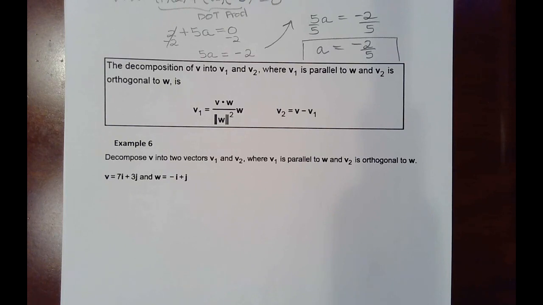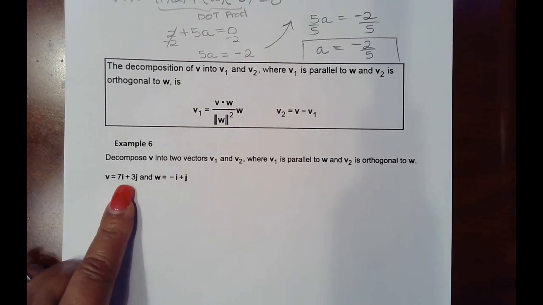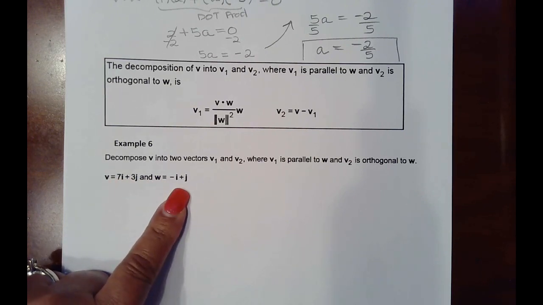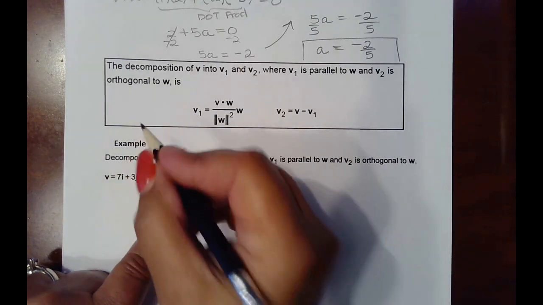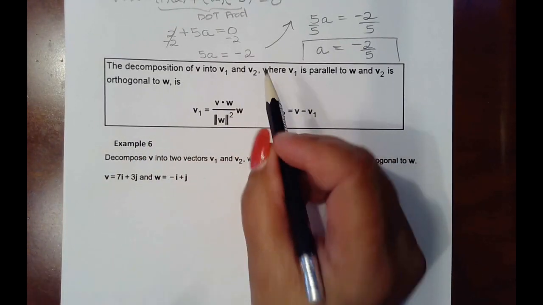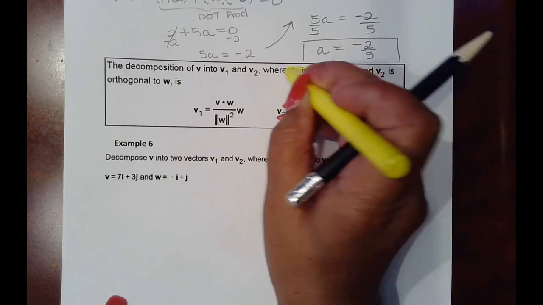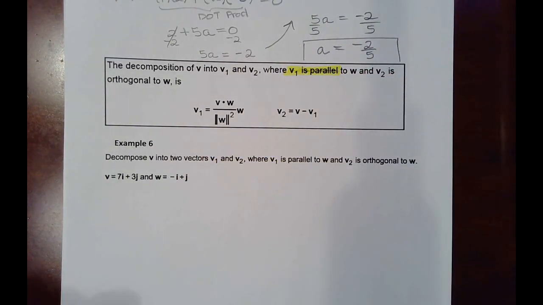So there's some vector that they want you to take and decompose into two vectors, one that is parallel to W and one that is perpendicular, or orthogonal, to that vector. Okay, V1 will be the one that's parallel to the other vector.